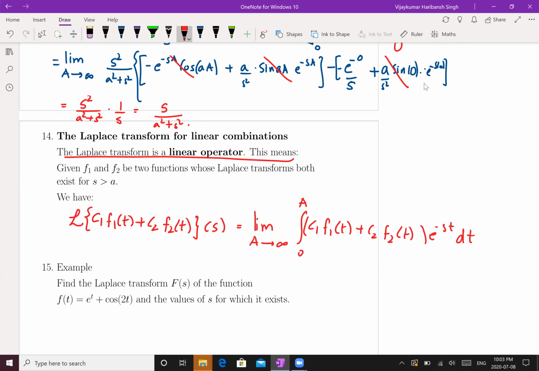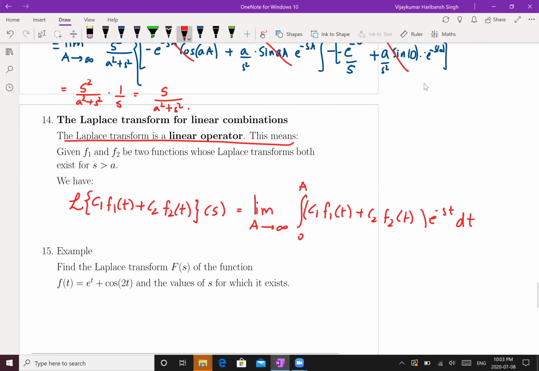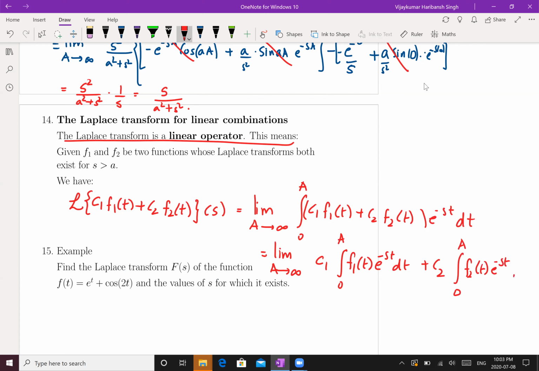If I break this into parts, I get c1 integral 0 to a f1 t e to the power minus st dt plus c2 integral 0 to a f2 t e to the power minus st dt.